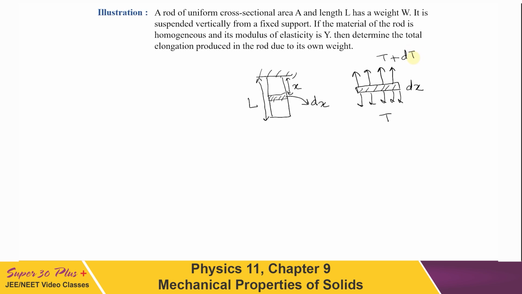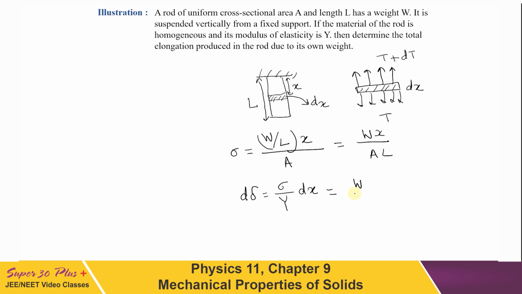So we can write the stress for this cross section, sigma, to be equal to weight per unit length into the length of the rod that is below it, which is x, upon the area of cross section. That will give Wx upon AL. If we consider that the elongation produced is d delta, then this can be written as sigma upon Y multiplied with the original length for this cross section, that is dx. On substituting the values, it will come out to be W upon YAL x dx.